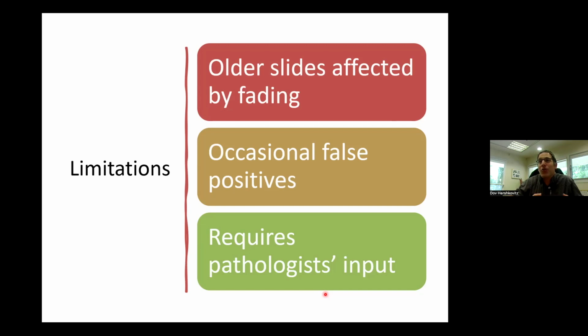So the algorithm identified something that looks like a ganglion cell, and the non-expert pathologist said, okay, this is a ganglion cell. So this case, I have ganglion cells. So this is also a challenge that we need to be aware of. But it was very rare, this event. I think we had one case like that.